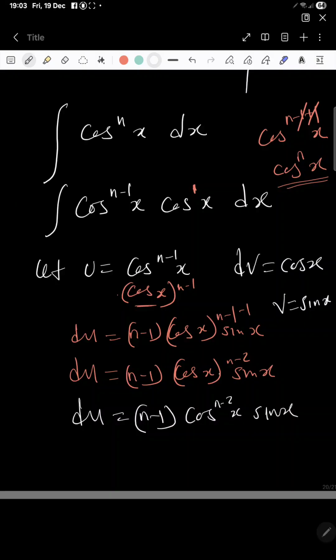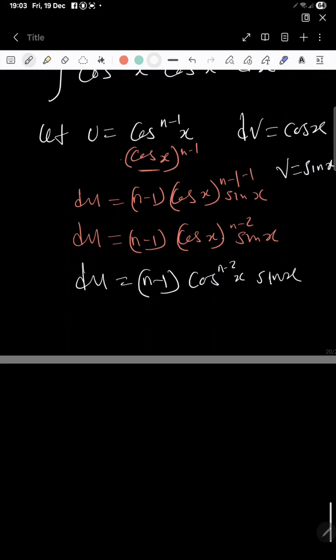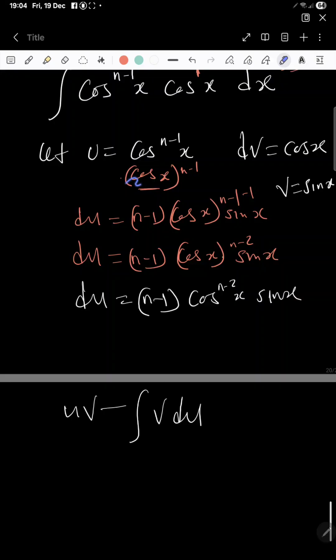Then from there, you need to replace these assumptions in the formula. We have this as our du, this as our v, that's our dv, and that as our u. By replacing them, we have uv minus the integral of v du. Our u is cos to the power n minus 1 of x.